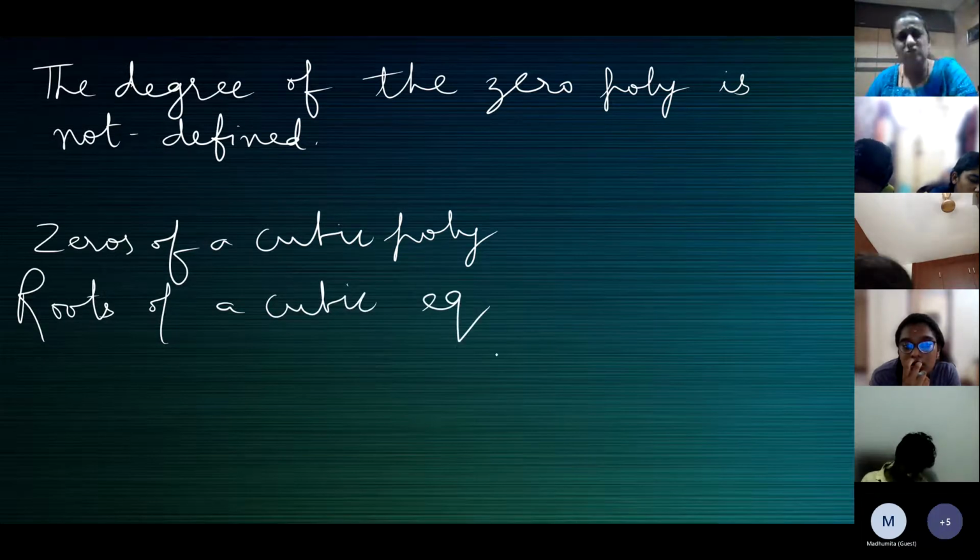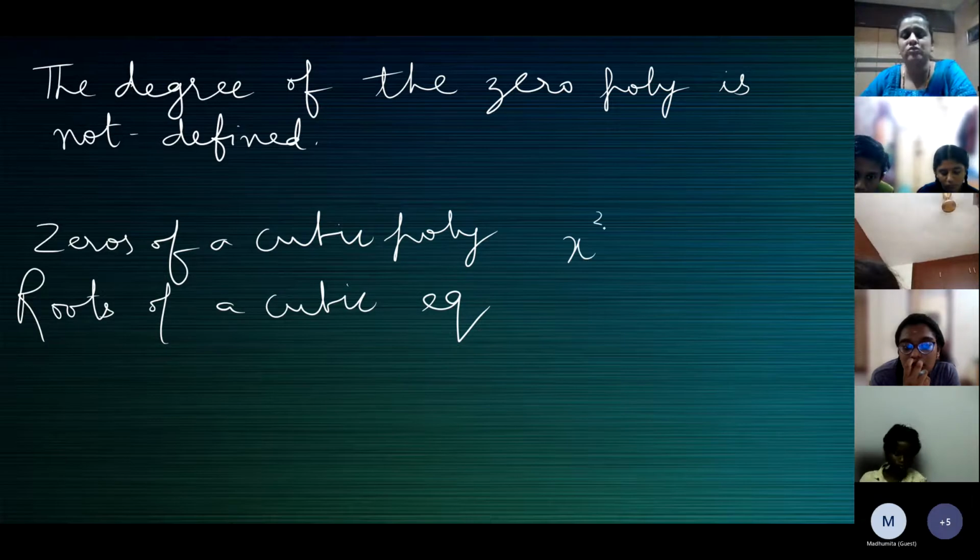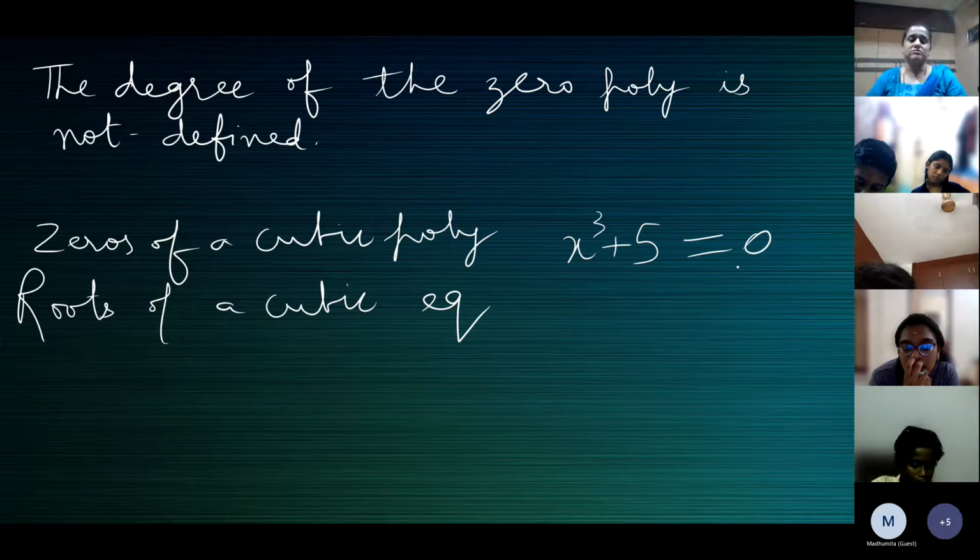What's a cubic equation? If you have x cubed plus 5, this is a cubic polynomial. When you equate it to 0, it's a cubic equation, that's all.